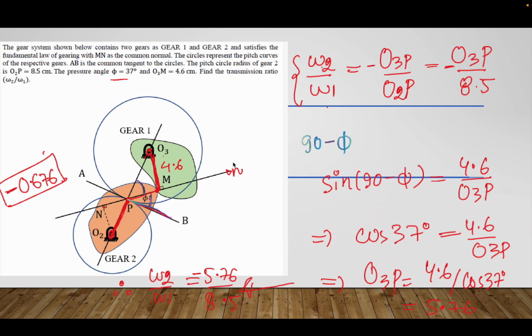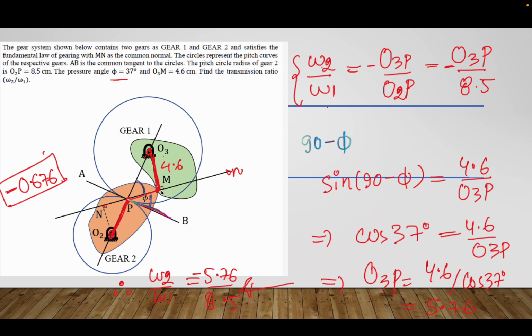But here what we did was, let me call the point of contact between the two gears here as C. In order to maintain contact between these two gears, the relative velocity of this point must vanish, right? There shouldn't be a relative velocity present here.